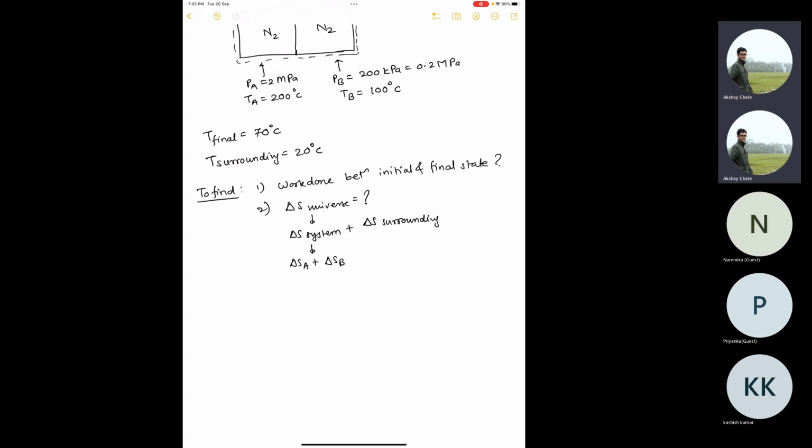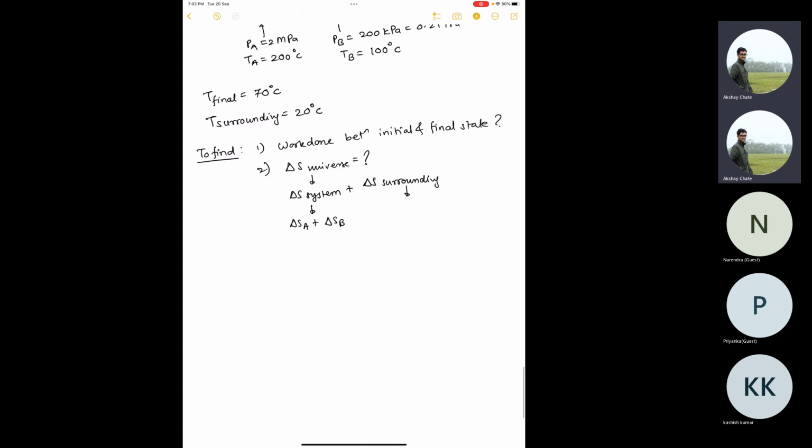Then delta S of surrounding will be Q in process 1 to 2 divided by T0. I am not giving a sign here, that will come out of the first law.